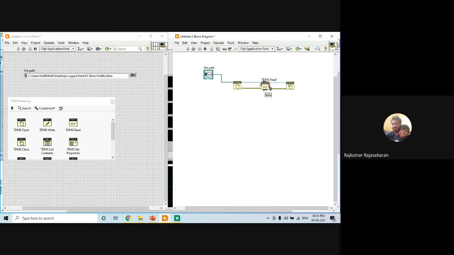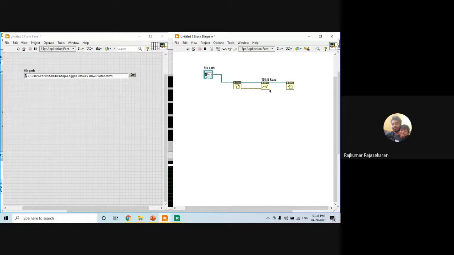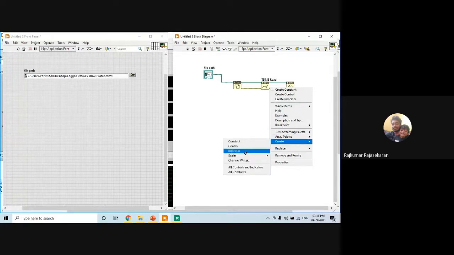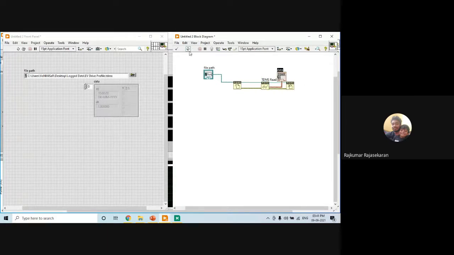Here we'll have the data. I can just create an indicator by right-clicking and creating an indicator, and this is what will be inside your file.